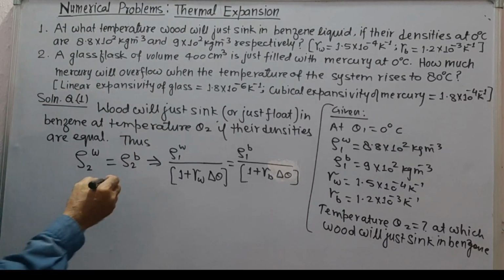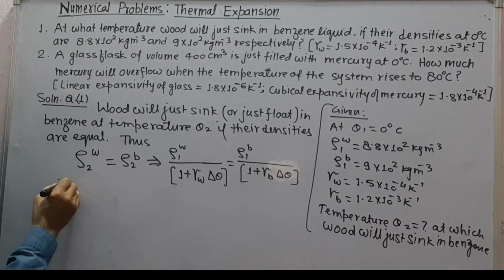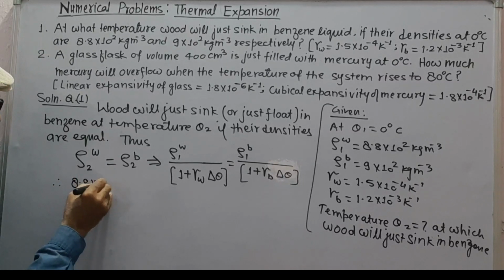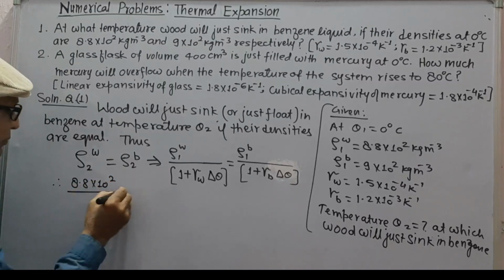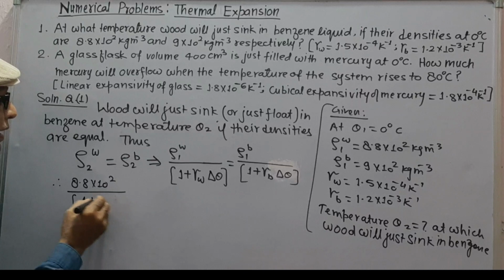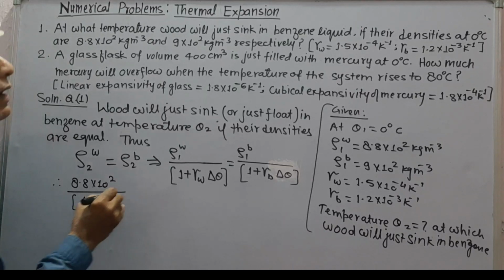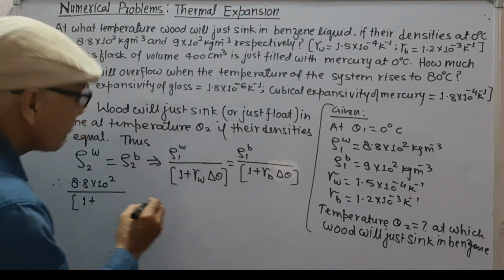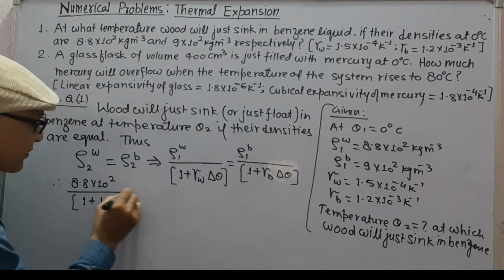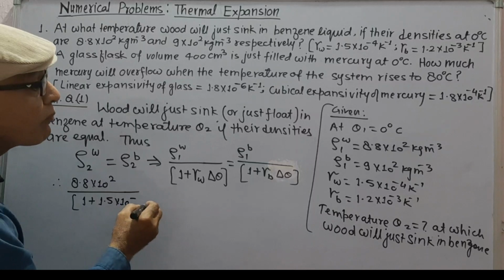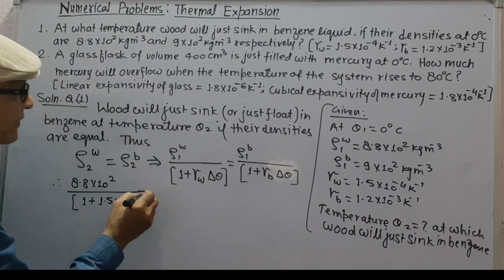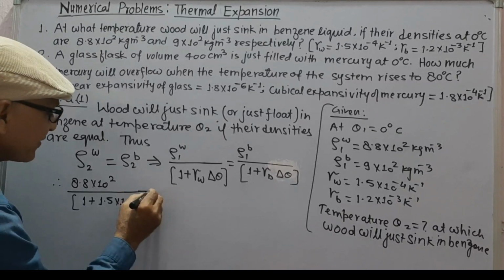Now values are known, therefore we get 8.8 into 10 to power 2 upon (1 plus 1.5 into 10 to minus 4 into delta theta). Theta minus 0 means theta.